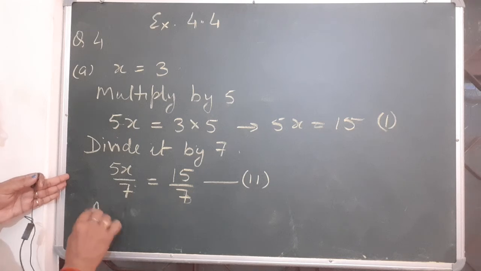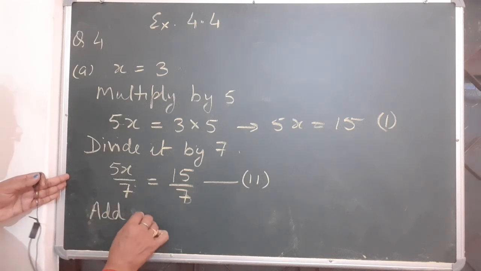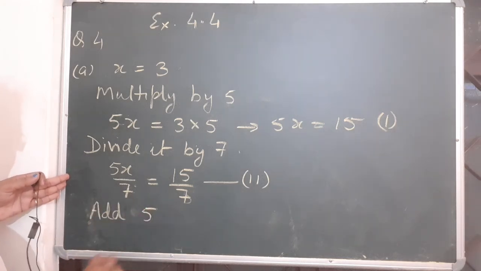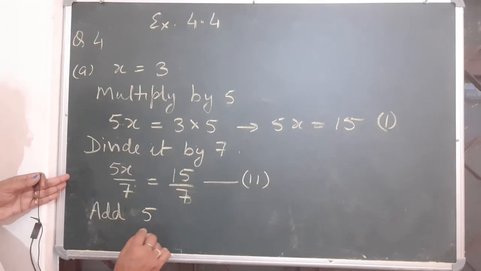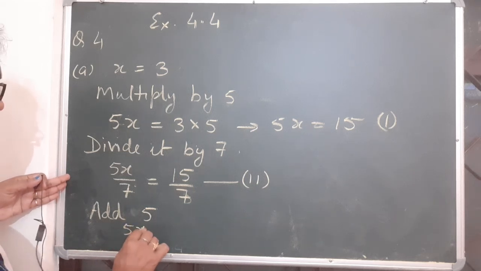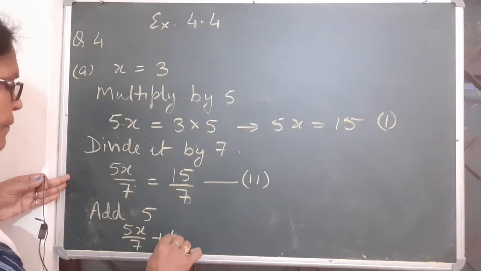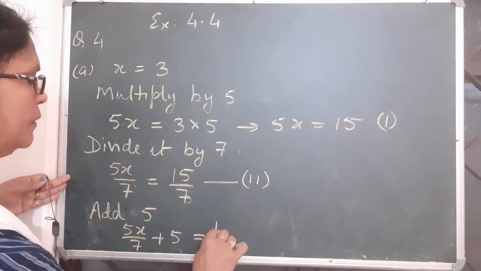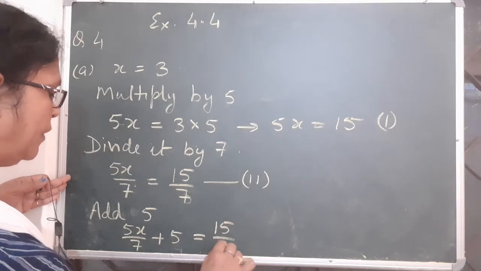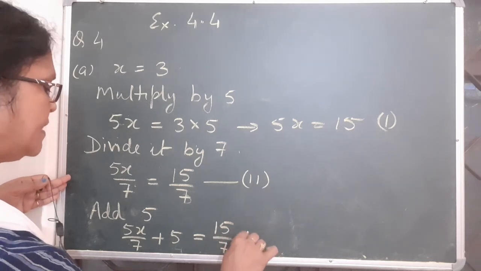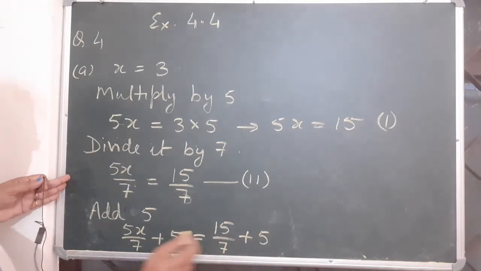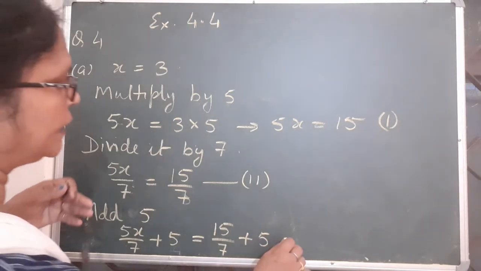Now you can add 5. So you will get 5x upon 7 plus 5 is equal to 15 upon 7 plus 5. So this is the third equation.